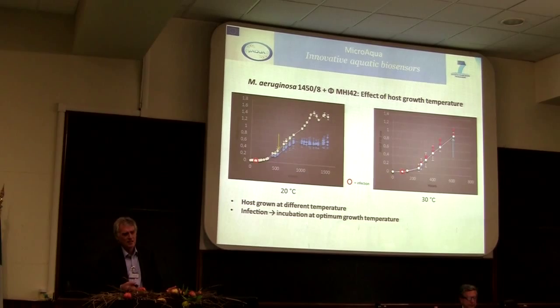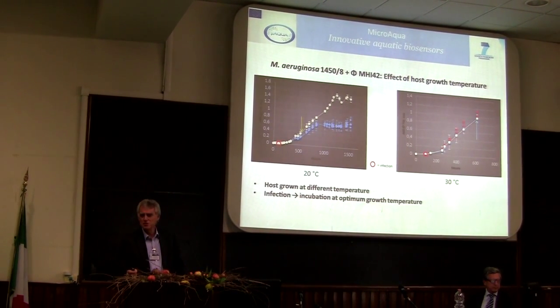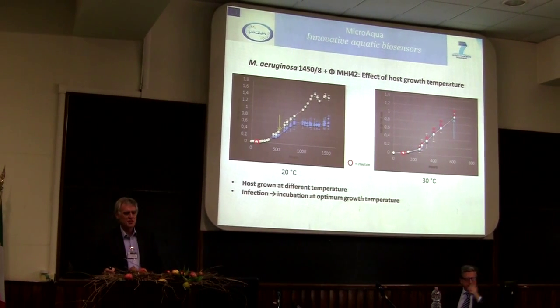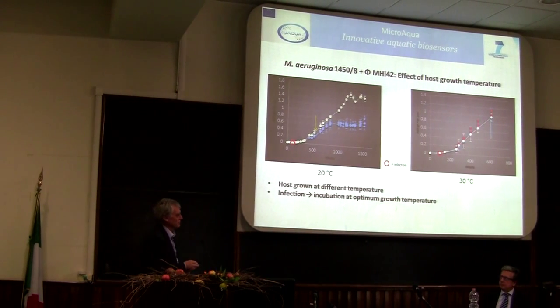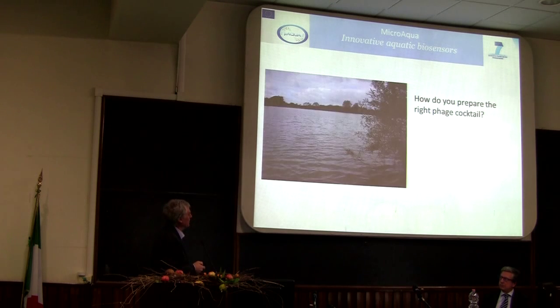And that's a problem if you're working in nature, because although we can control the temperature in the lab and control all of the other growth conditions, we sure as hell can't do that in a lake. So there's a real difficulty trying to take something from the laboratory, where it works well, to the lake, where it's likely to work less well.